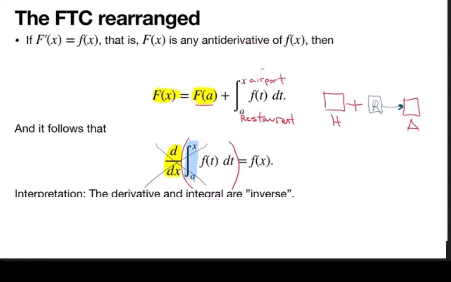The interpretation is that the derivative and the integral are inverses. Another example of an inverse, you understand, x squared and the square root of x are inverses. If I take the square root of x and I square it, these cancel and I just get x. Similar. That's what inverse functions do.